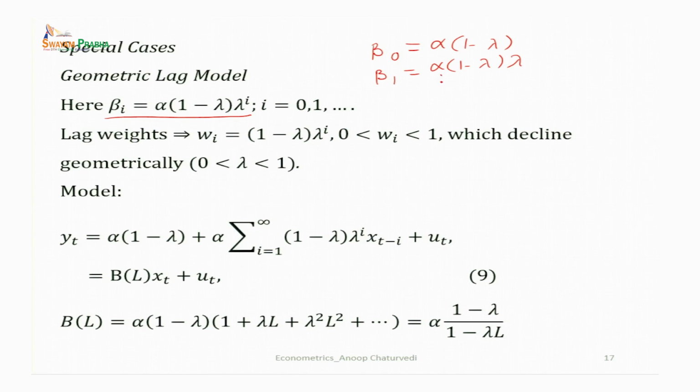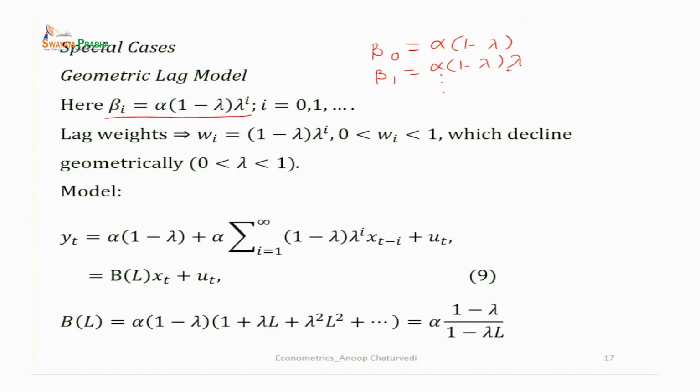So, although in the original model you have an infinite number of beta i's, if we assume this kind of functional form for beta i's, then in the actual model you have just two parameters, alpha and lambda, and these coefficients beta i's are now declining geometrically.